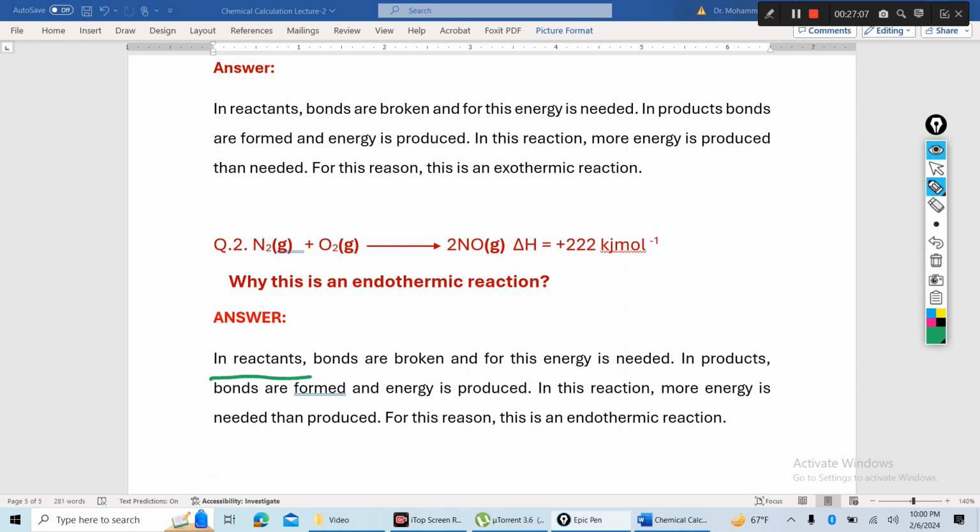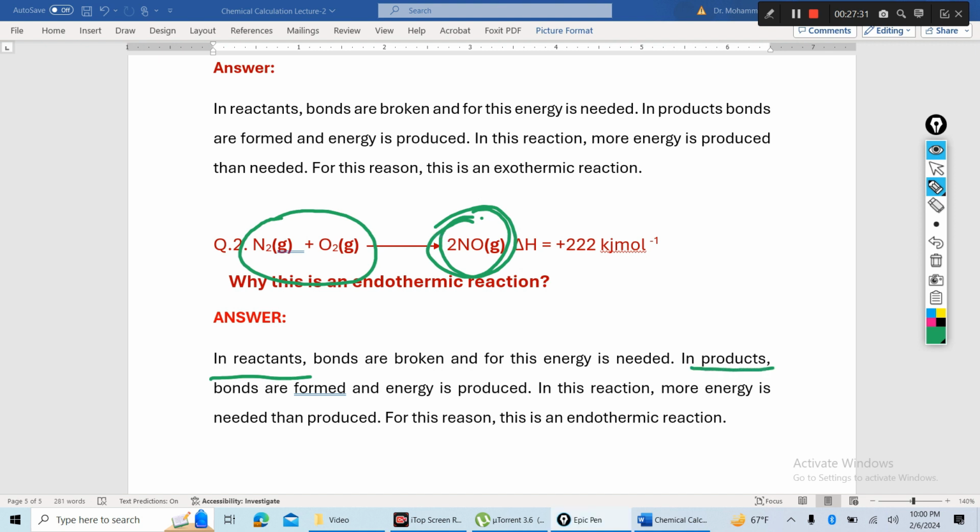As you know, this is the reactant. In reactants, bonds break. To break bonds, energy is needed. And in product, bonds are made. For making bonds, energy is produced.